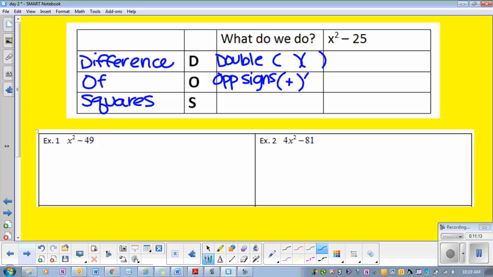So one is plus and one is minus. And S, with this, what we're doing is we're going to square root. So square root.